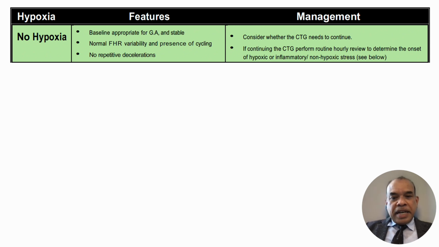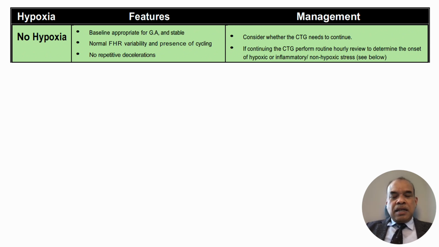So just to quickly recap, the guideline doesn't classify CTG traces based on mixing up random features and giving them random time limits like 90 minutes, 50 minutes, because each fetus is different. Each human fetus has different reserves and different intrauterine environment and different maternal environment. And therefore, we cannot simply have timelines for all fetuses and force them to follow our timelines, which are also changing in each guideline.